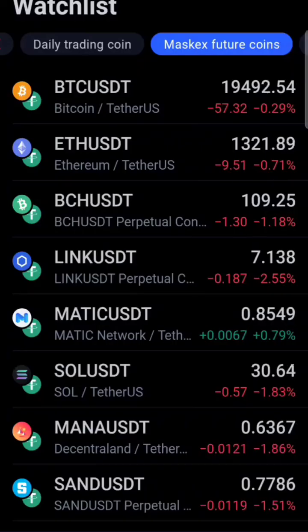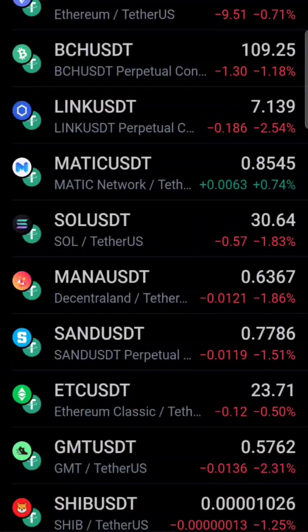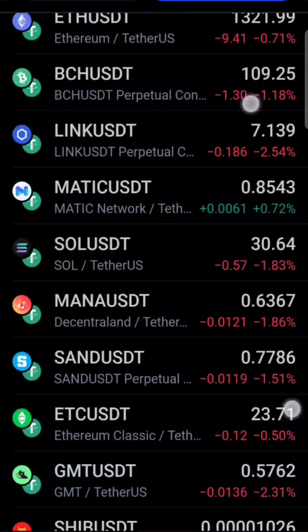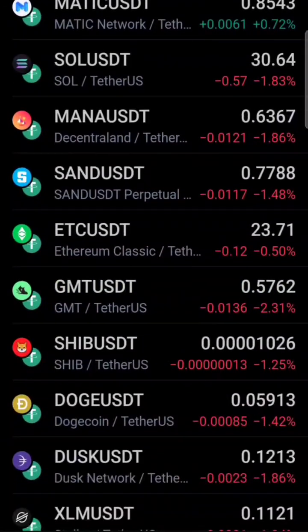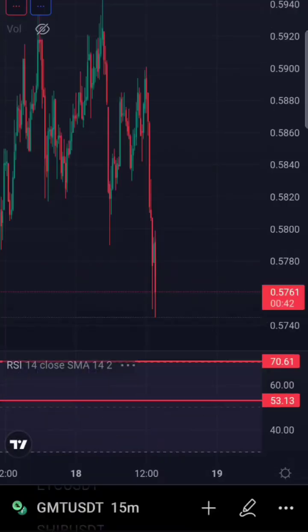On some of the coins, Matic is trading at 0.85, SOL Solana trading at 30.64, and Mana trading at 0.637. Sand, the same thing at 0.778. And in this last week, GMT traded a lot.